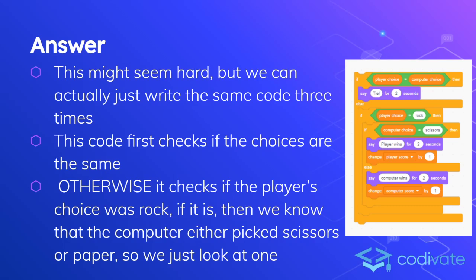So in this first half, this is the first bit where the player picked rock. So you have this if player choice is rock, then we know that the computer either picked scissors or paper, because if the computer had picked rock, we wouldn't have got here. So we check, is the computer scissors?